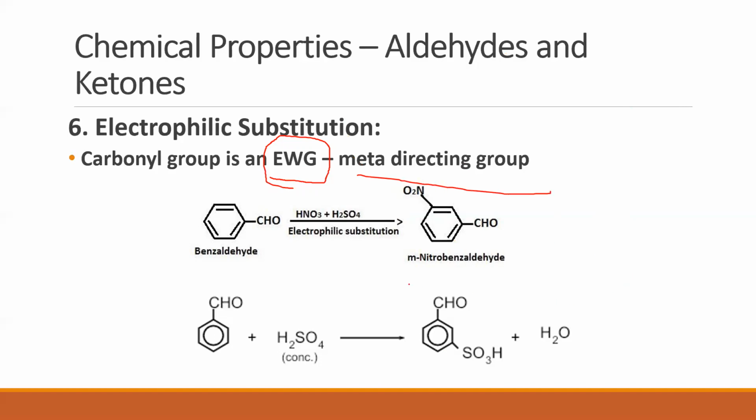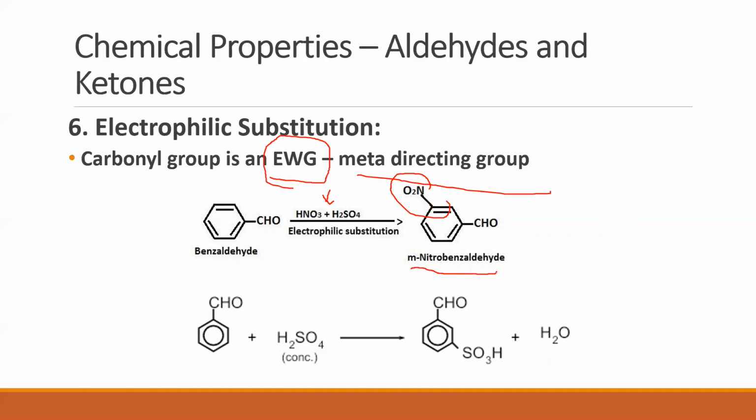Clear? I've given two examples for you. When benzaldehyde reacts with nitrating mixture, whose nitrating mixture? An equimolar mixture of concentrated nitric acid and concentrated sulfuric acid. A nitro group gets substituted in place of hydrogen at the meta position, giving us meta nitrobenzaldehyde. Clear?